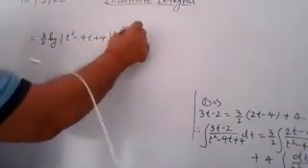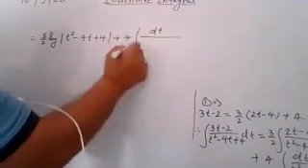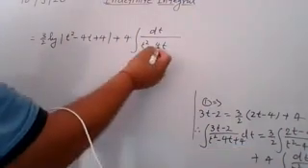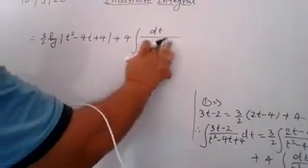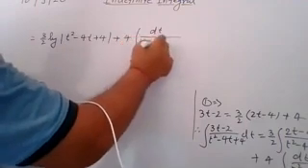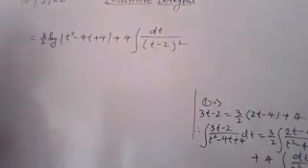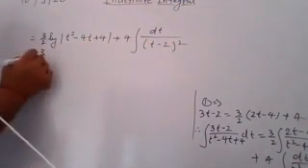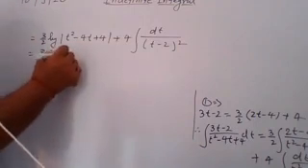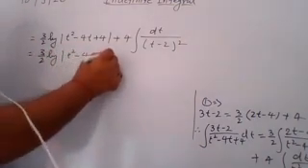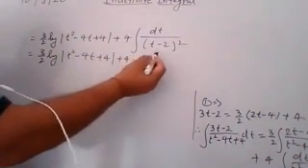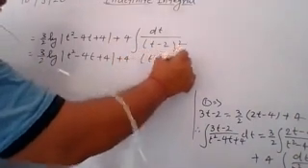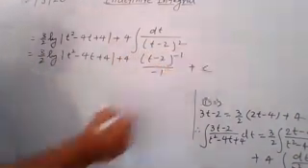And for the second integral, you can write dt upon t square minus 4t plus 4, and here 4 and its square root is also 2. So you can write it directly as (t minus 2) whole square, and you can very easily get its integral. So write 3 by 2 log of t square minus 4t plus 4 plus 4 into (t minus 2) whole power minus 2, so (t minus 2) whole power minus 1 upon minus 1, plus c.